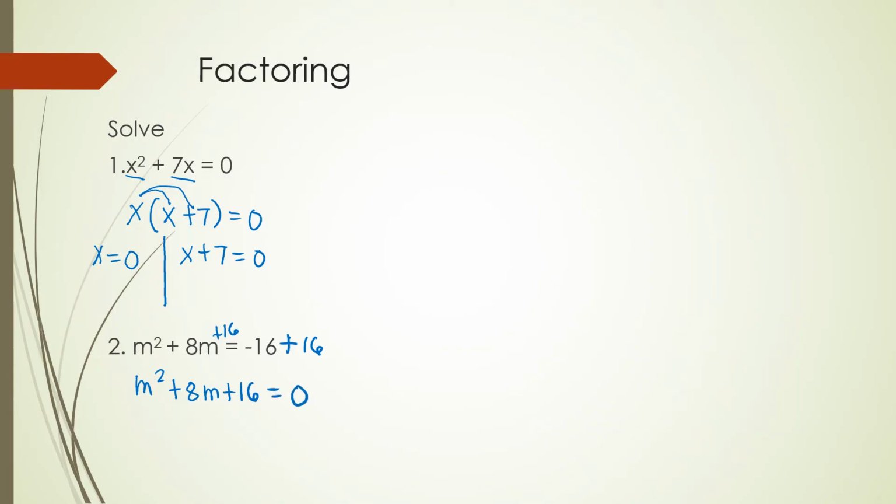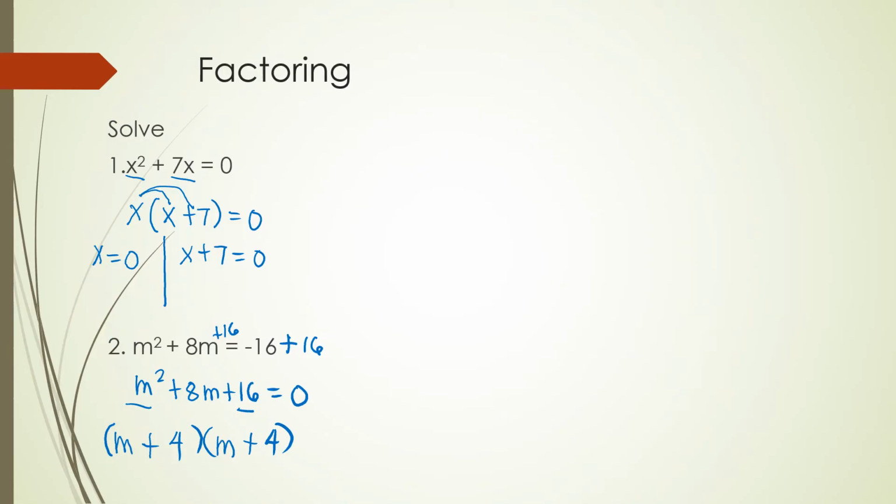So, if you're going to observe, it was written in standard form. Now, ano yung factor ni 16? Factors ni 16. Nagagamitin natin is 4 and then 4. Factors of m squared, that is m and then m. Now, parehas silang positive.